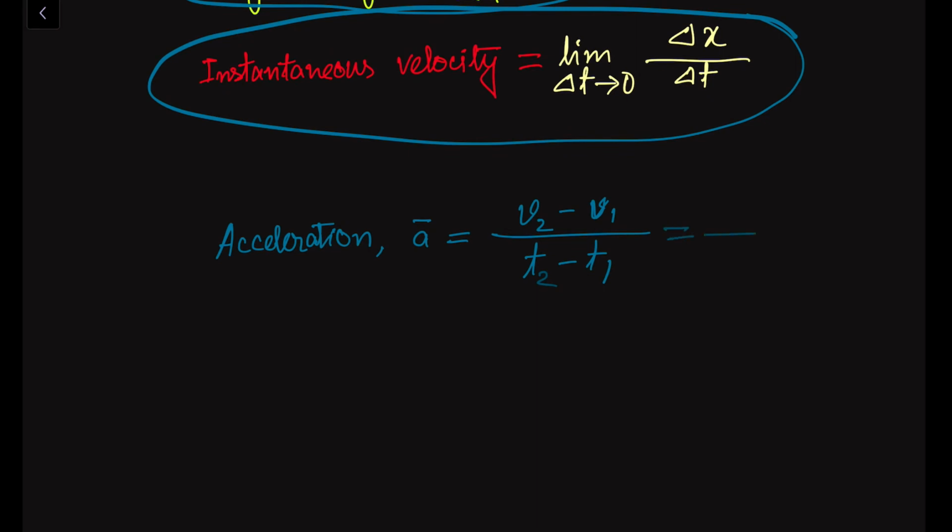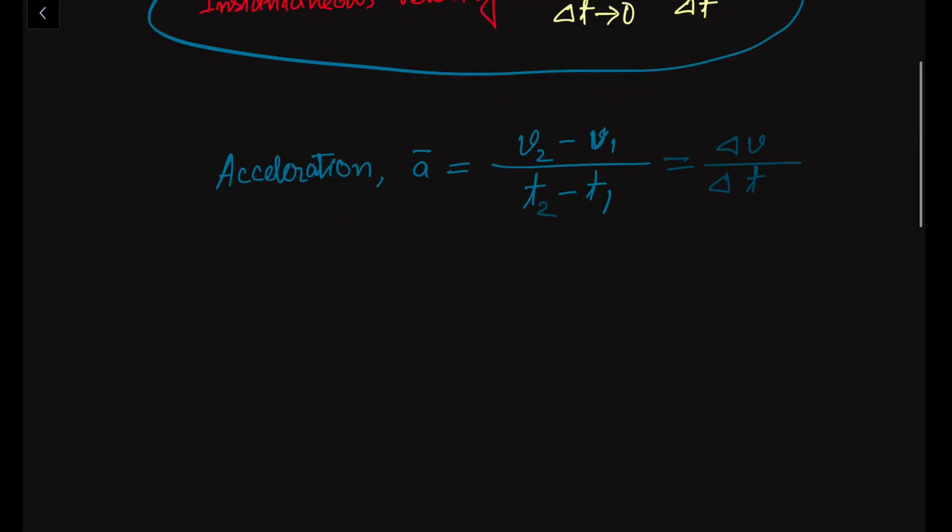v2 minus v1 we can express as the change in velocity, delta v, divided by t2 minus t1, which we can express as delta t. This is the change in time. So v1 and v2 are the instantaneous velocities at times t1 and t2 respectively. You have to understand this. Now if we want to find the instantaneous acceleration, we have to put a limit, where delta t tends to 0, of delta v divided by delta t.